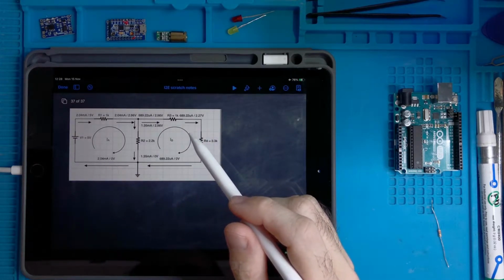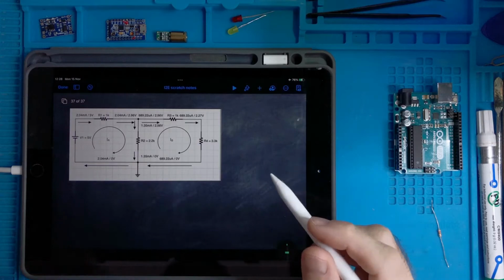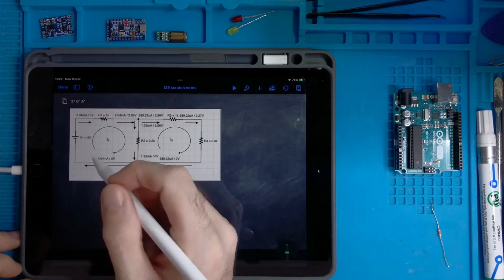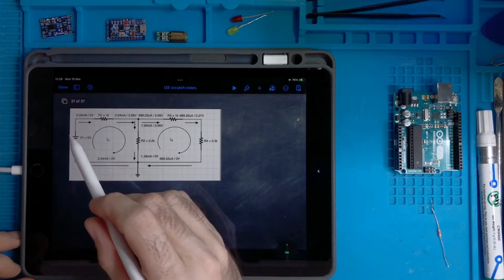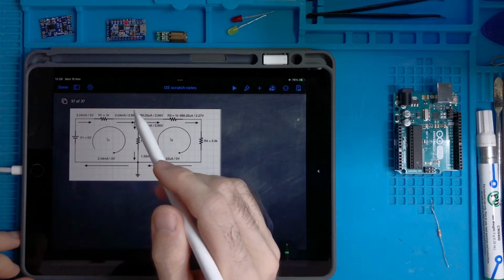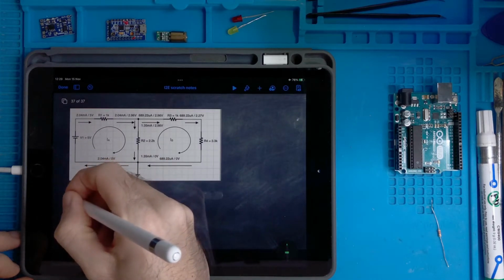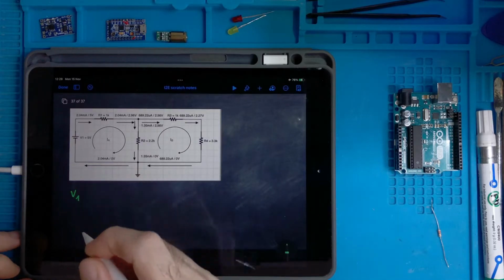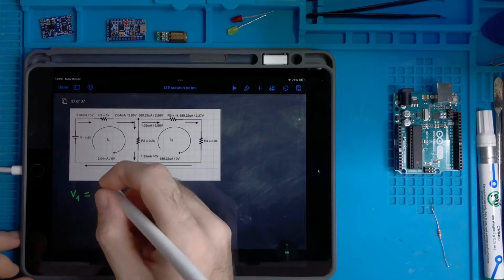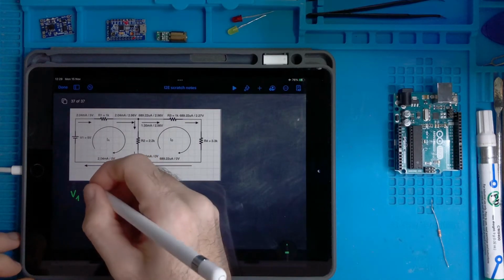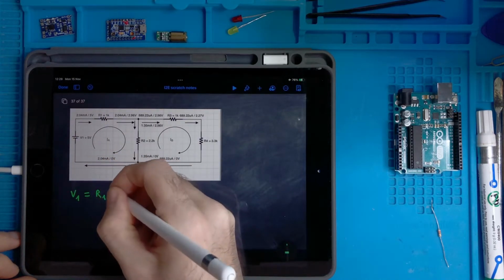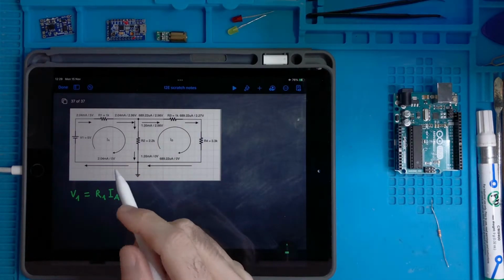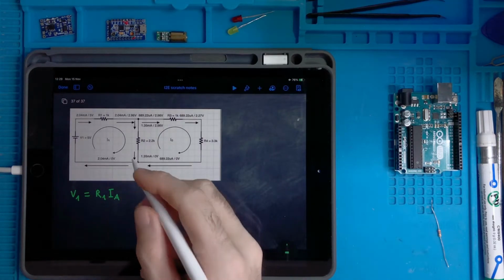So here what I can do is use the Kirchhoff principles. I start from the first mesh and I set the summation of all voltage drops in the mesh to be 0, which means that the voltage of my source V1 should be equal to the voltage drop across R1, which is R1 IA, according to this current that I supposed to be there.